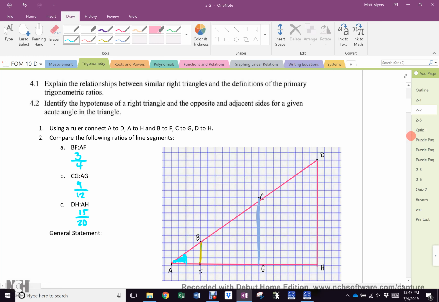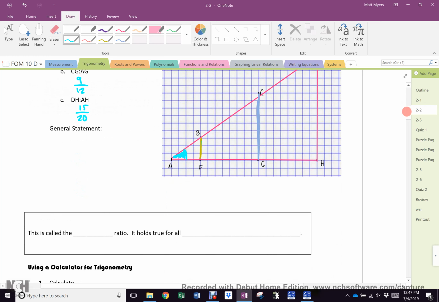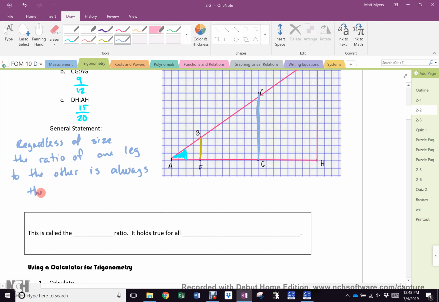Okay, so what is the general statement? Regardless of size, the ratio of one leg to the other is always the same.